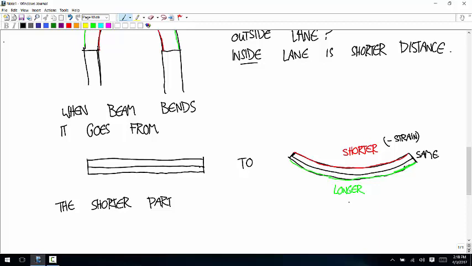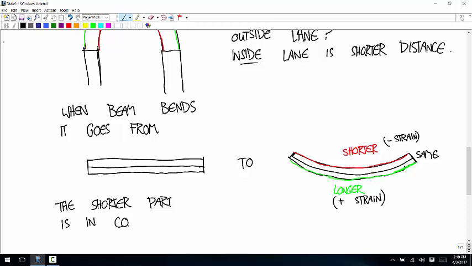If the bottom is getting longer, there's a positive strain in the x direction. The only way you can produce a negative XX normal strain is compression, a negative XX stress.